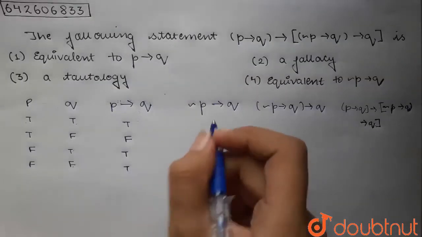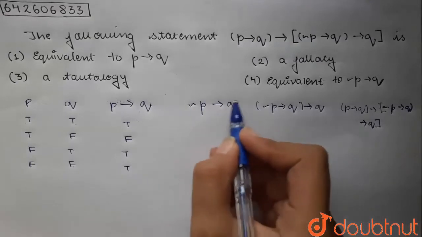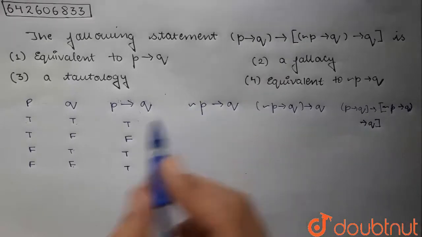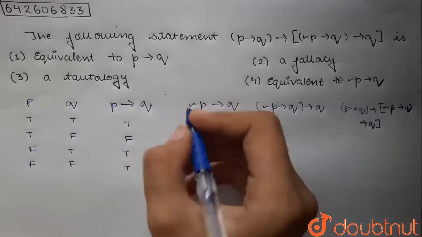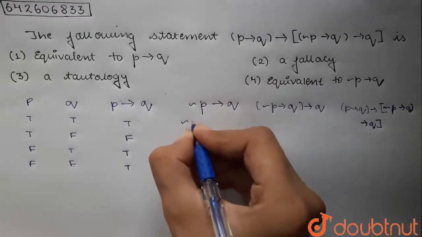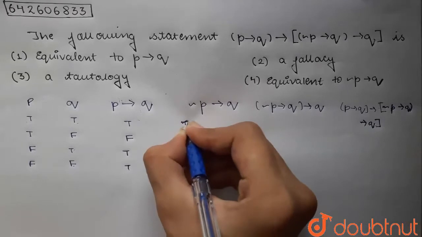Now we will see negation P implies Q. P is true, so negation P will be false.